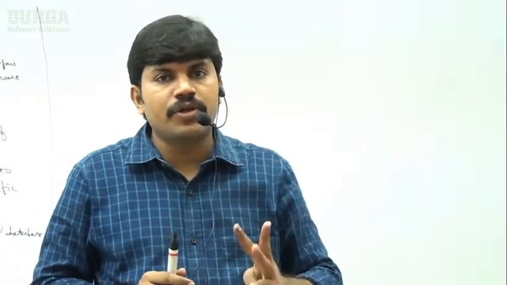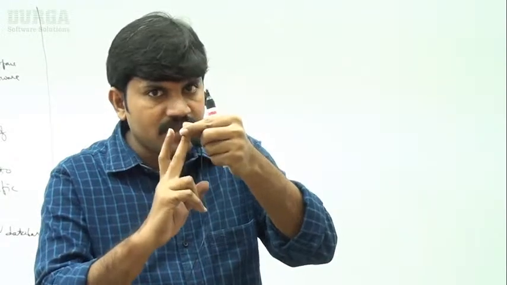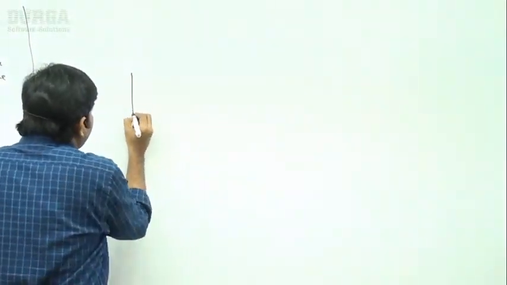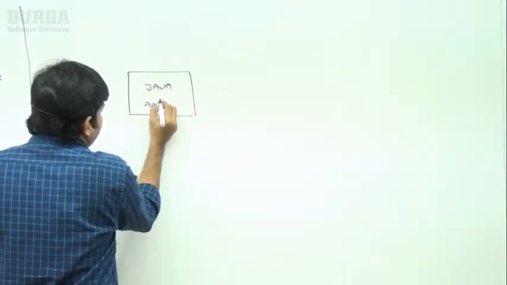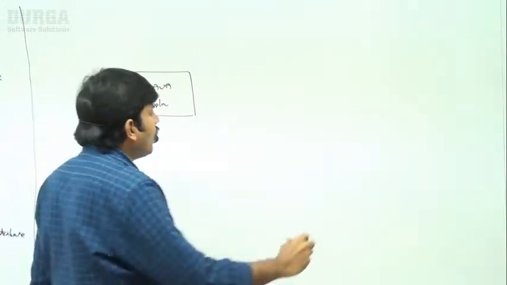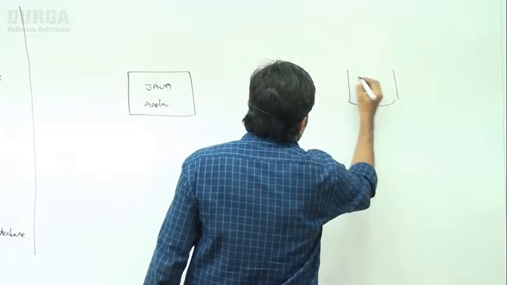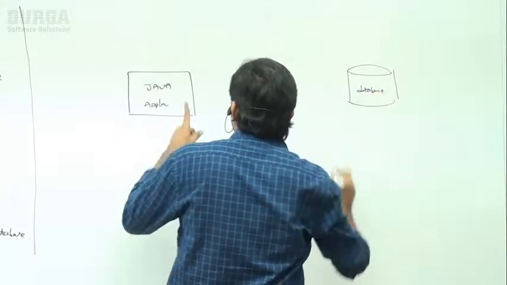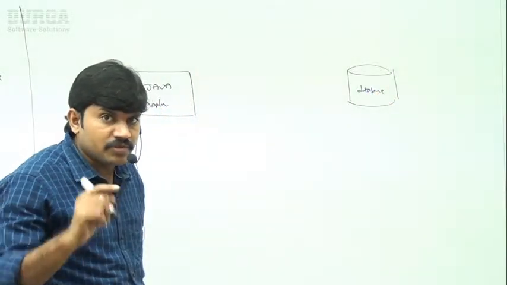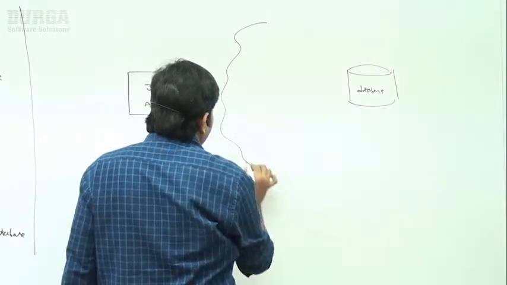In JDBC, we frequently use three words: first, driver interface; second, driver class; and third, driver software. What is the meaning of that? Here I have a Java application, and it wants to communicate with a database. If a Java application wants to communicate with the database, driver software must be required.